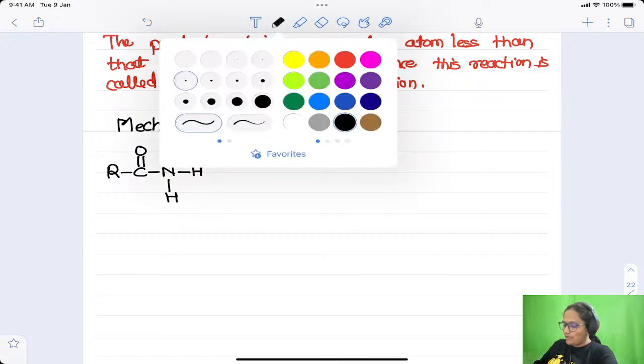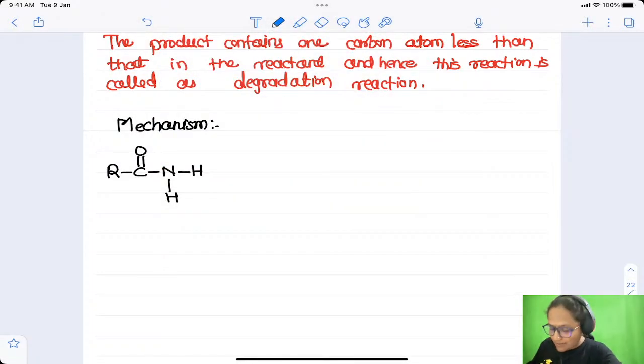Always remember, on NH2 or nitrogen there is a lone pair of electrons. The lone pair is present on nitrogen when it is attached to 3 atoms. Then it reacts with the OH minus.